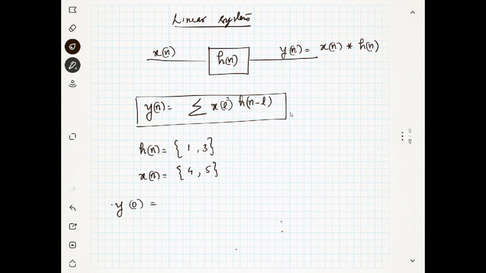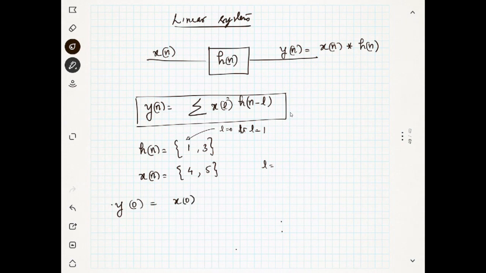Now what will be y of 0? y of 0 is nothing but the summation of x of l into h of 0 minus l. I will put l equal to 0 first. l is changing over the length, from l equal to 0 to l equal to 1. You see here how many values are there? 2 values, so 0 and 1. So I put l equal to 0.